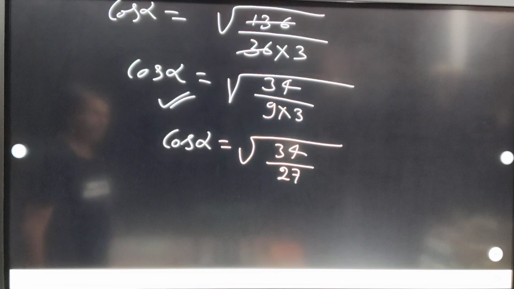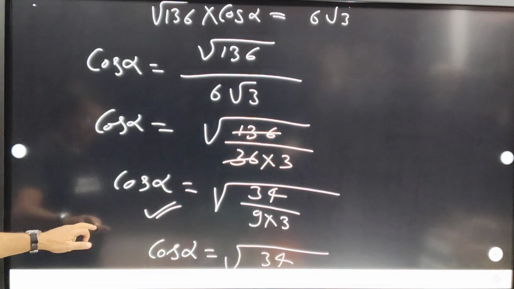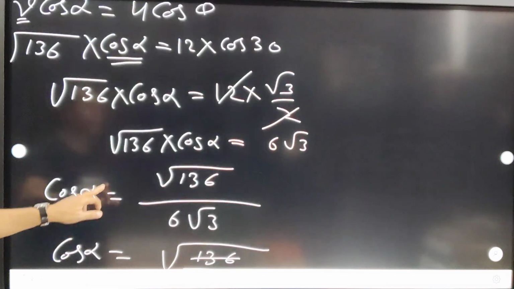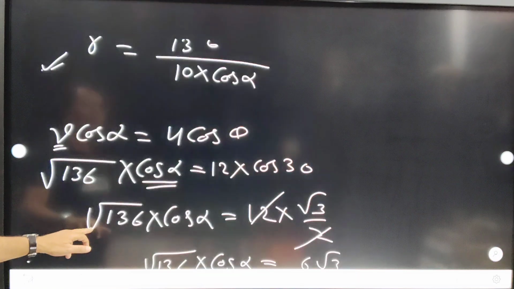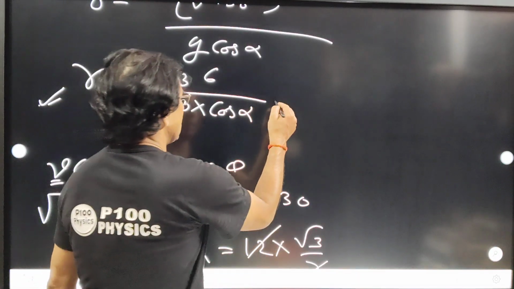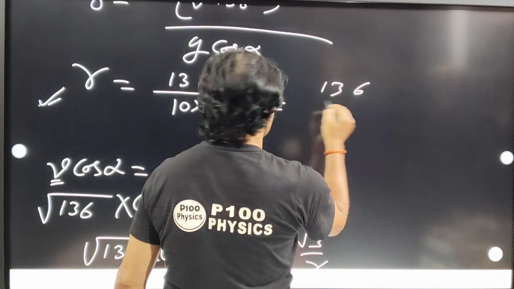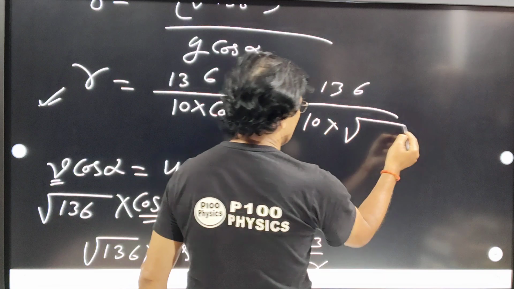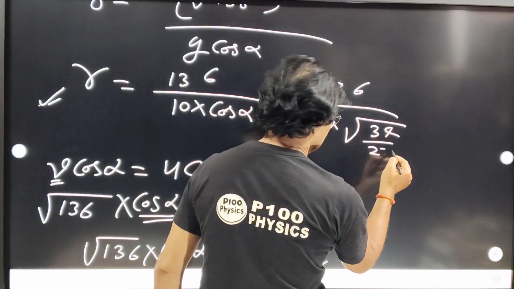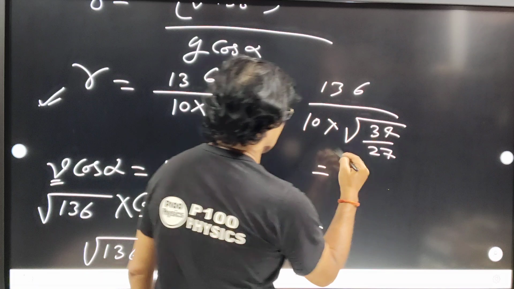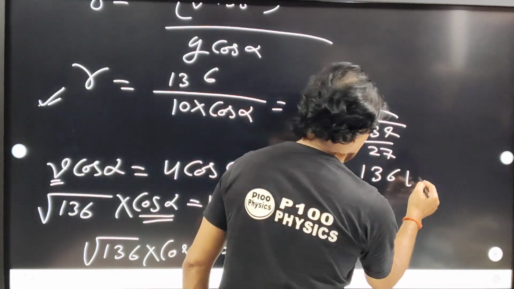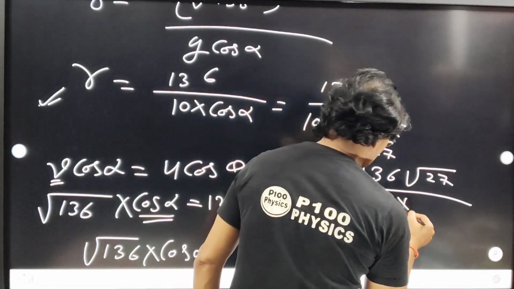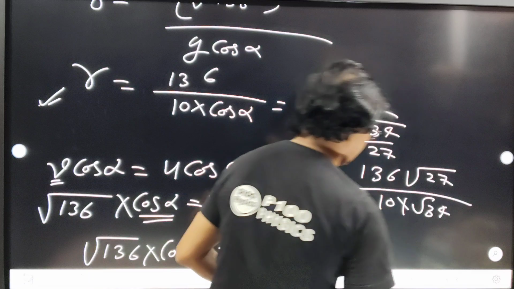Okay, so this is the value of cos alpha, root of 34 upon 27. Now put this value here: 136 upon 10 into cos alpha. Cos alpha is root 34 upon 27, so it can be written as 136 root 27 upon 10 into root 34.